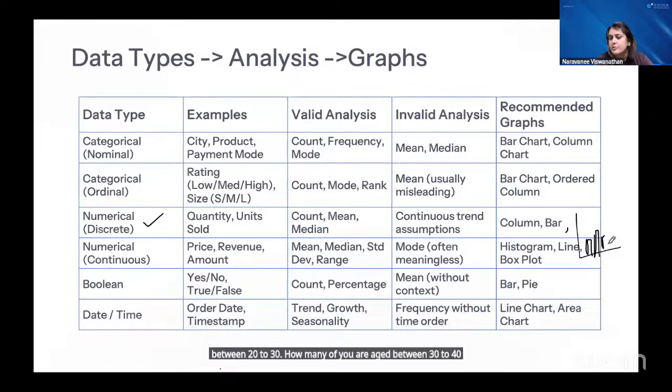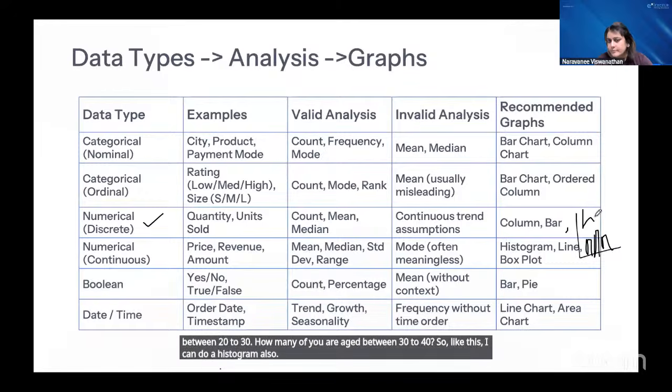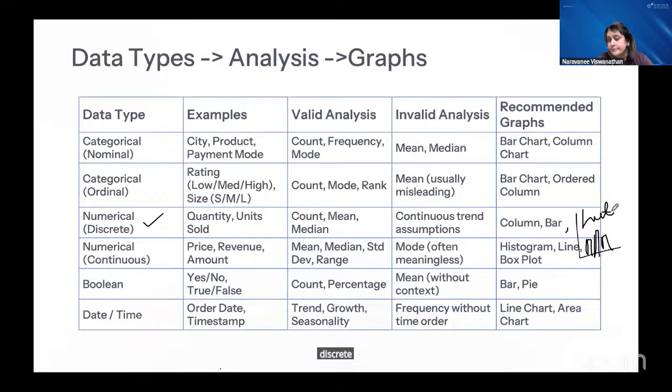Like this, I can do a discrete histogram also. Is it clear? Is it also clear how numerical discrete data is different from ordinal data? Yes. Okay.